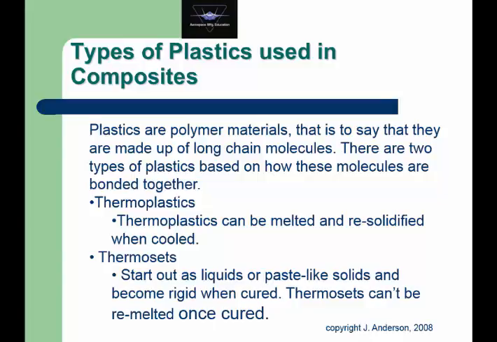And you can do this several times with thermoplastics. Ideally, you could do it an infinite number of times, but in fact, as you heat up and cool down the thermoplastics, you damage some of the long chain molecules, and this damage accumulates over a period of time.